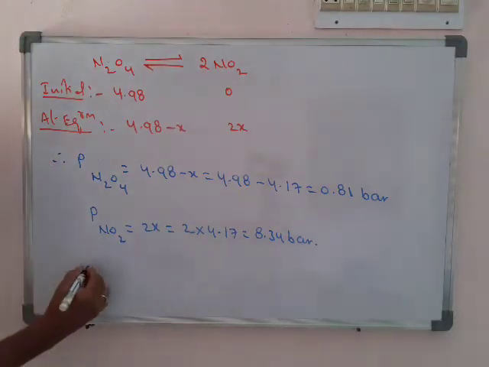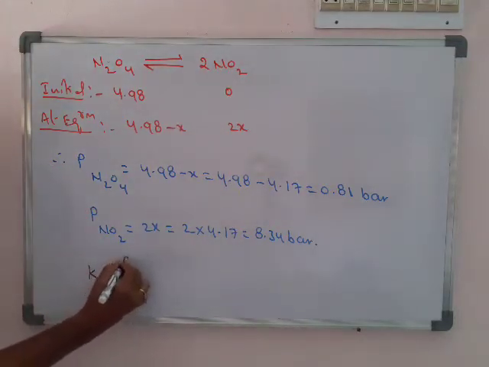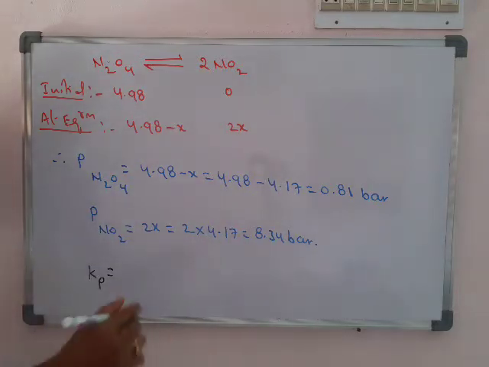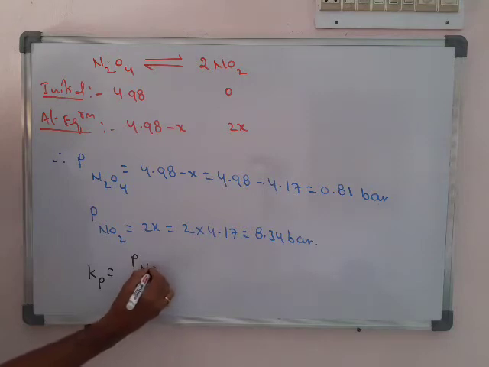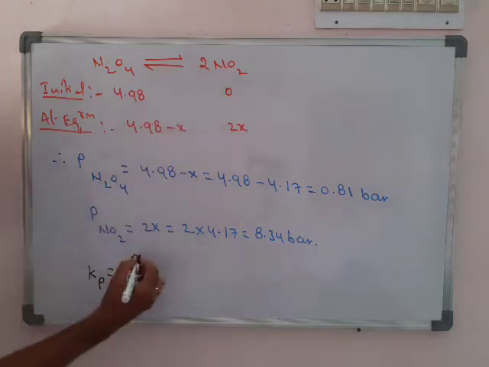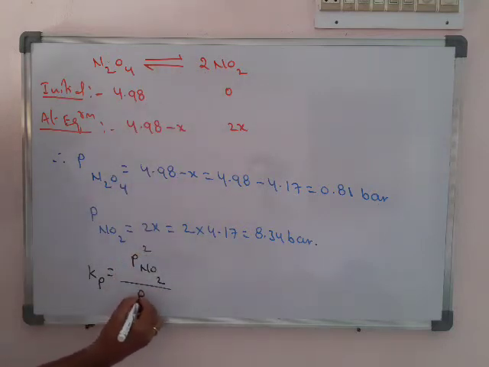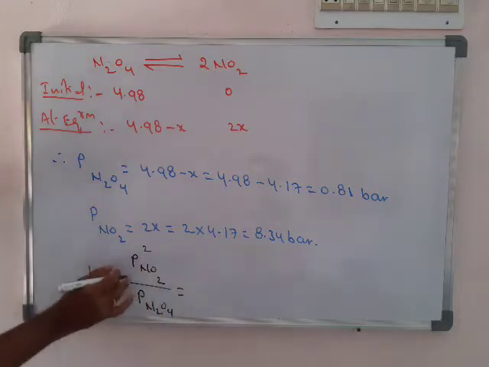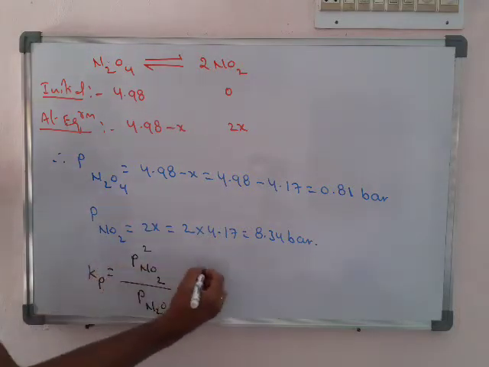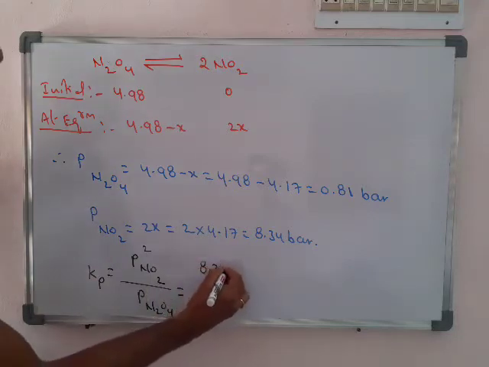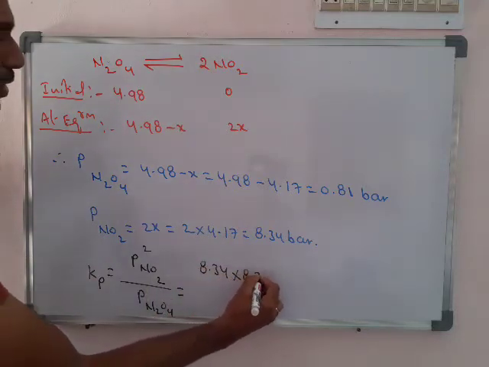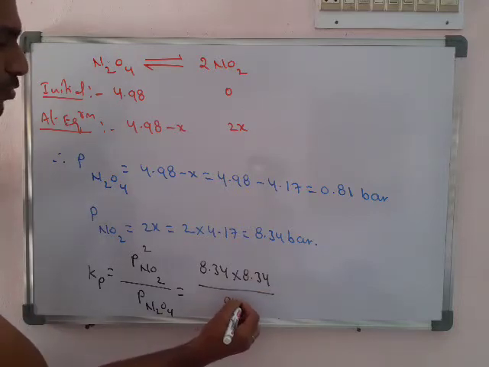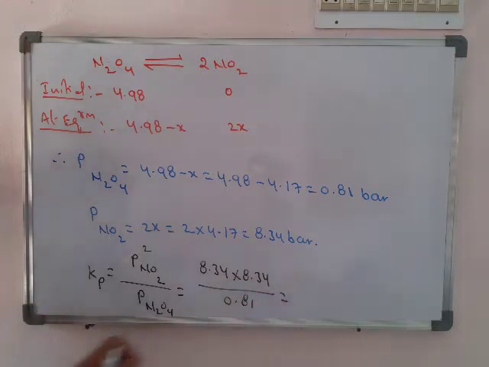So Kp, in terms of pressure, equals the partial pressure of NO2 squared, since it has 2 moles, divided by the partial pressure of N2O4, which has 1 mole. So NO2 squared is 8.34 into 8.34, divided by P(N2O4), which is 0.81.